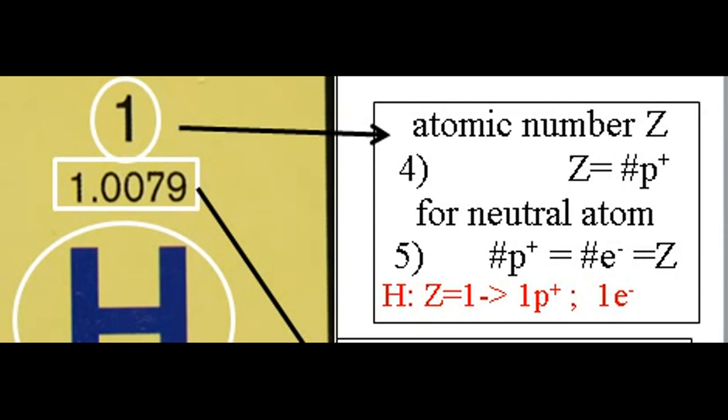You also know that a neutral atom has exactly the same number of electrons as the number of protons. So Z tells you also how many electrons are in the atom.